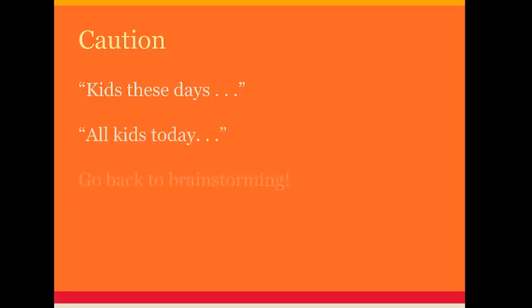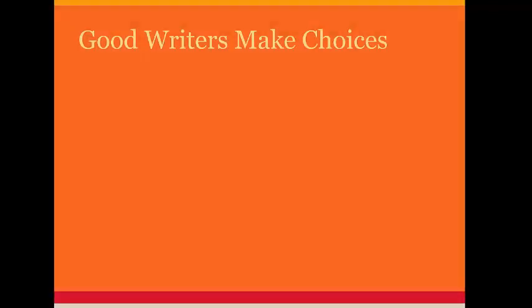As you practice the invention stage of writing, it's important to remember that the more possibilities you see for your essay, the better chance you'll have to avoid trite compositions. As a caution, if you start writing phrases like kids these days or all kids today, you know you need to go back and do some brainstorming or interviewing to gather more specific details. Good writers make choices.